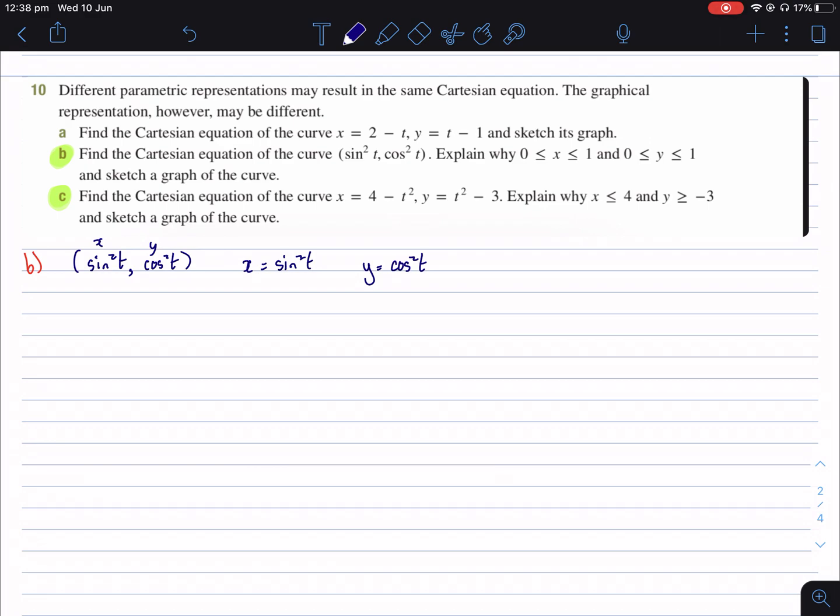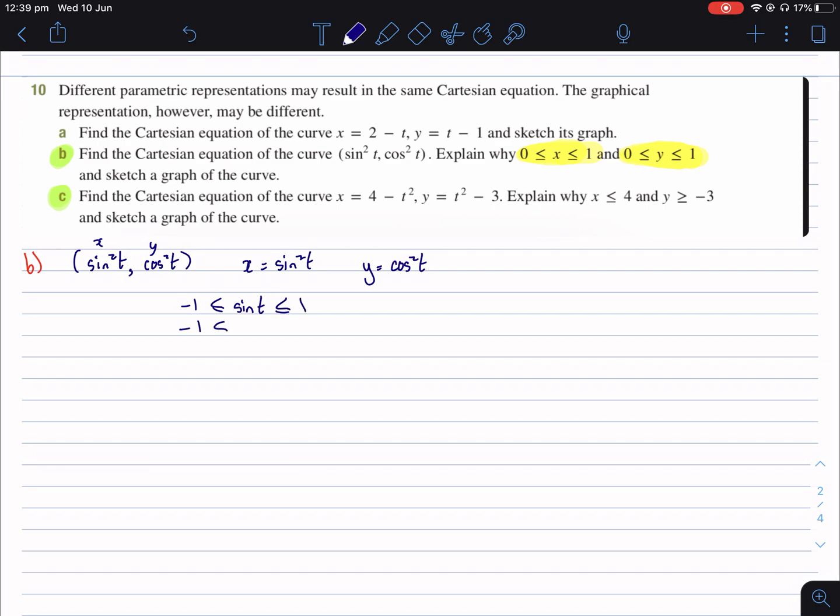And if we want to sketch this, well, we want to start off by explaining why they're both between 0 and 1. Well, I know sine theta or sine t is between -1 and +1, isn't it?